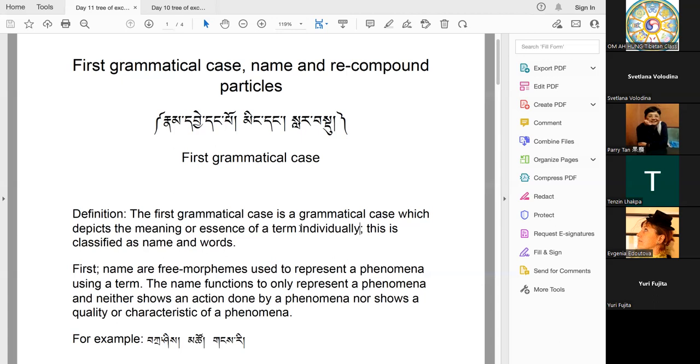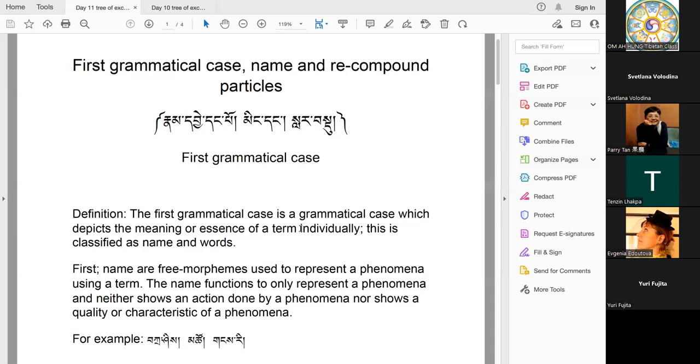So first, names are free morphemes used to represent a phenomena using a term. So we represent a phenomena like a vase by using a term that's vase, which is individual. And the name functions only to represent a phenomena and neither shows an action done by the phenomena nor shows a quality or characteristic of the phenomena.